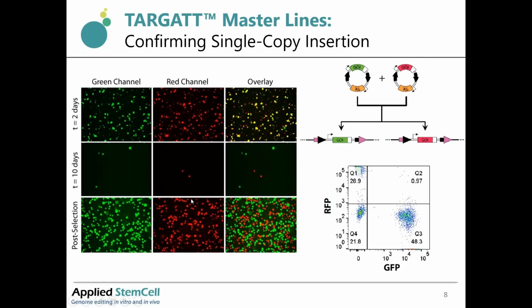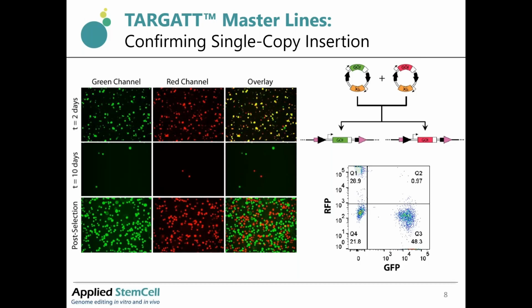As shown on the left side, under microscopy, on day 2 of transfection, you will see a yellow color from the cells due to the transient expression of GFP and mCherry. However, after 10 days of transfection, with transient expression cells gone, only cells with either green or red were observed.